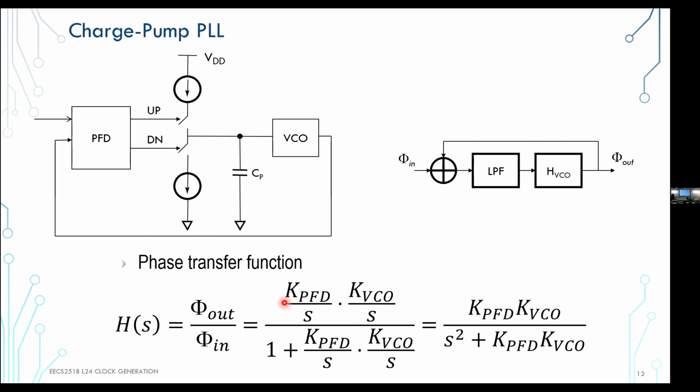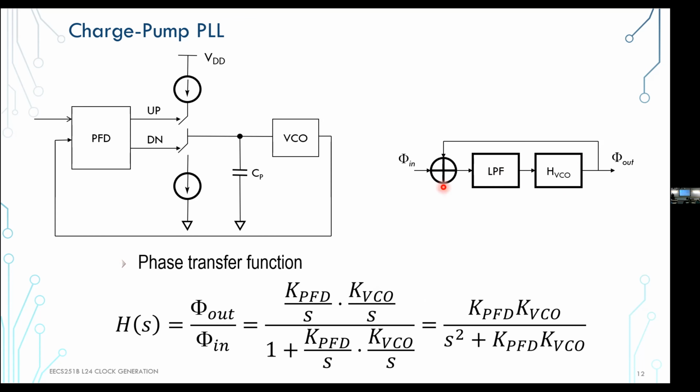So we have the phase detector, and then because of this integration, we have to add S, right? So that's our first integration part. The VCO, we already said, was KVCO over S, right? And now that's our low pass filter. You can call that this first low pass filter, and HVCO is this term here, right?